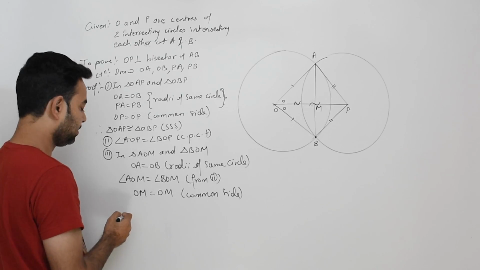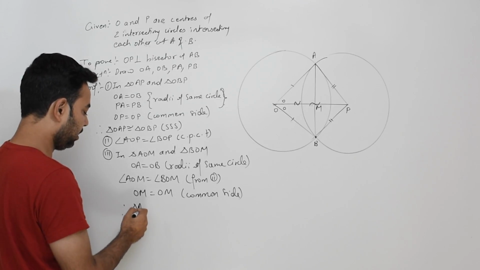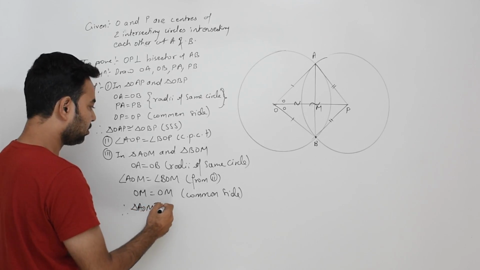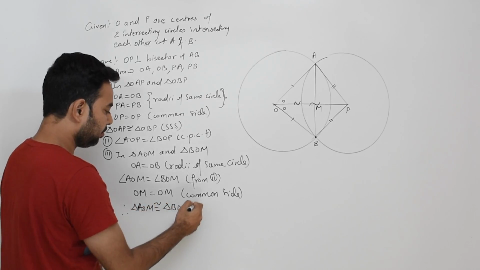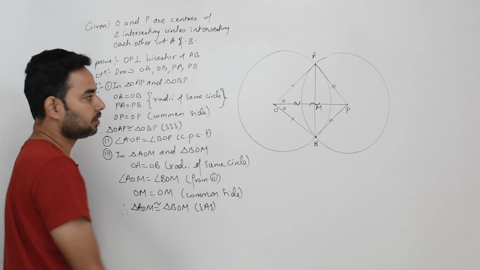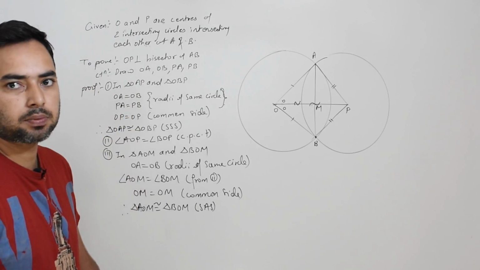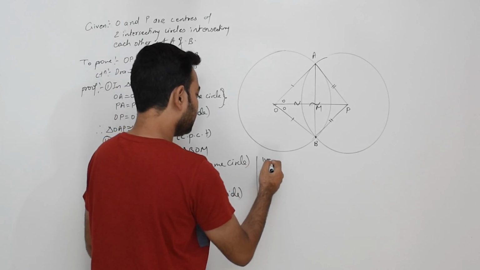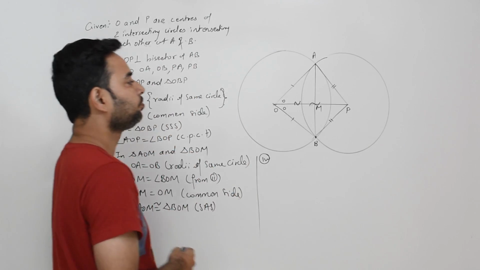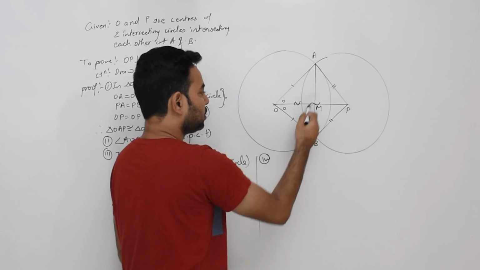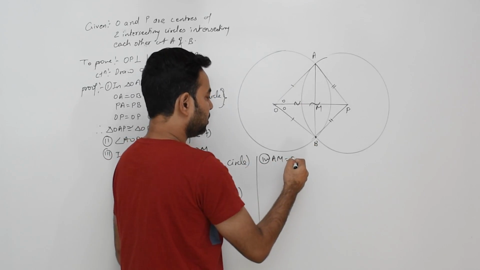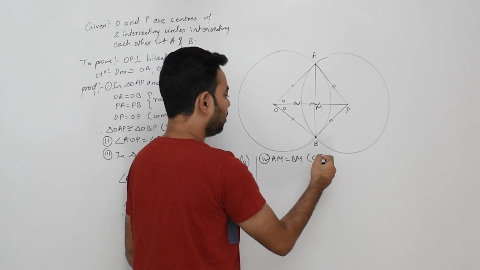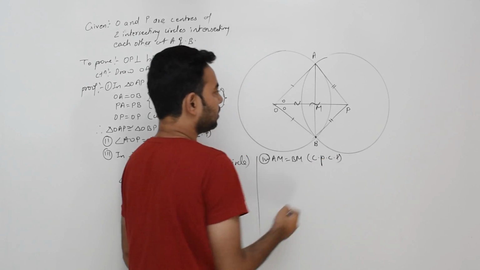Therefore triangle AOM is congruent to triangle BOM by SAS test. As the triangles are congruent, corresponding parts are equal. It means that in the fourth point, AM equals BM. These are corresponding parts of congruent triangles.